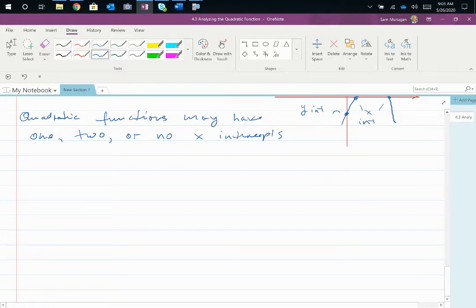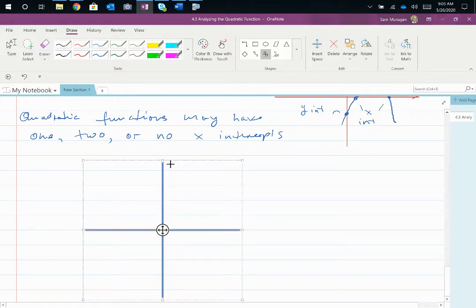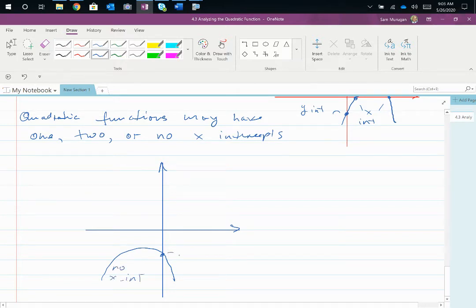You could also have a scenario where, let's take two more examples really quickly. If the graph is turned downwards like this, it would have no x-intercept, and it would have a y-intercept.